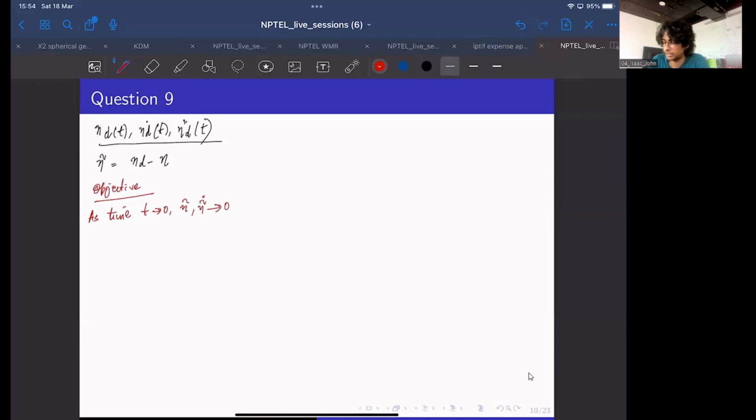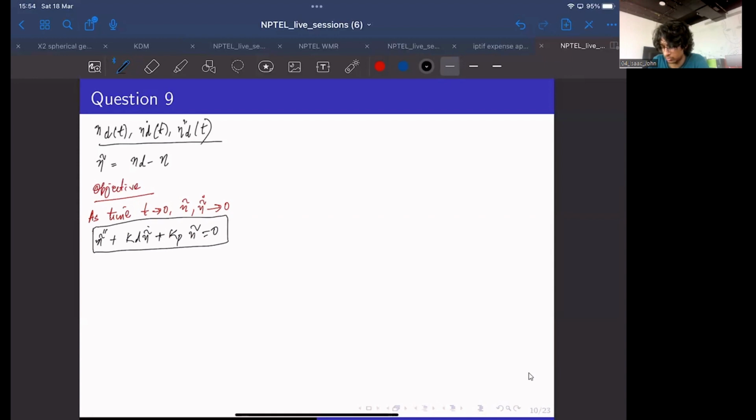So again, a few questions before we have seen this differential equation: eta tilde double dot plus KD eta tilde dot plus KP eta tilde.